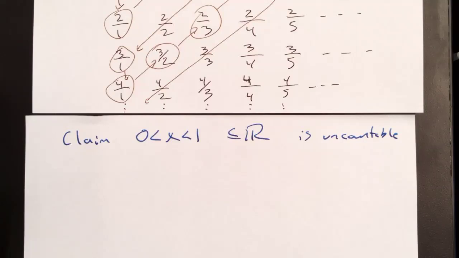The real numbers between 0 and 1 are not countable. Now here's the thing: the following proof is a proof by contradiction. This is an important proof by contradiction because what it really tells me is something foundational about the way we do math.